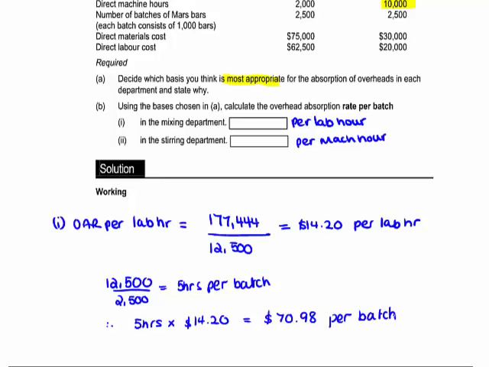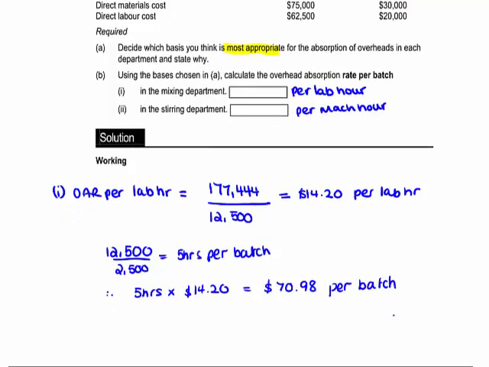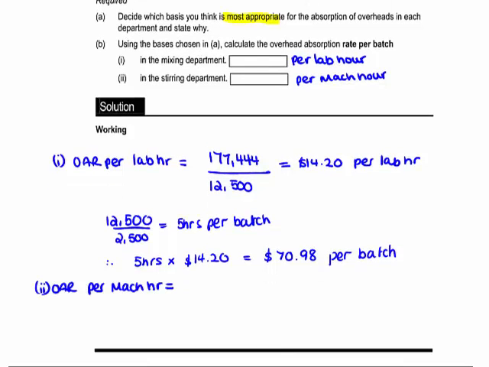For the stirring department, we're going to do the same thing, but instead of basing it on labour hours, we're going to base it on machine hours. So we've got 84,556 of overheads, and we've got 10,000 hours. So that gives us a rate of $8.46 per machine hour, and each batch is going to take 4 machine hours.